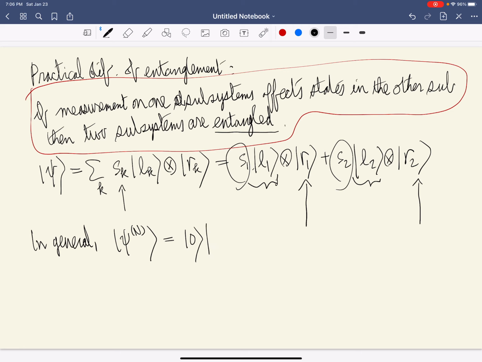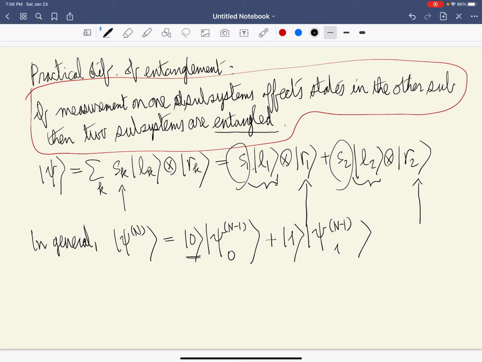If the state in the first qubit is 0, then the remaining n minus 1 qubit state will be in this sort of wave function, and let me call it psi 0. But if the first qubit was in a state of 1, then the rest of the system would be in the psi 1 wave function, or psi 1 state.